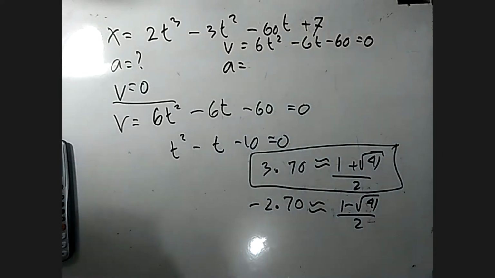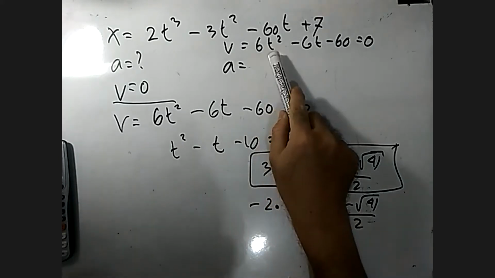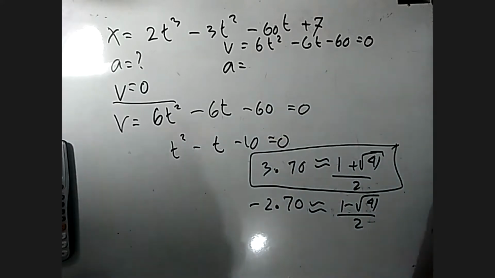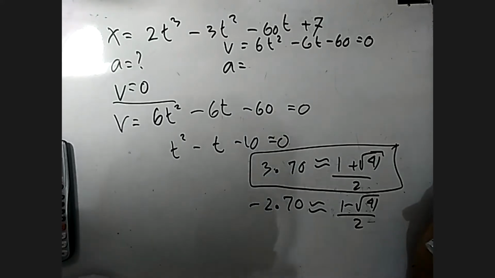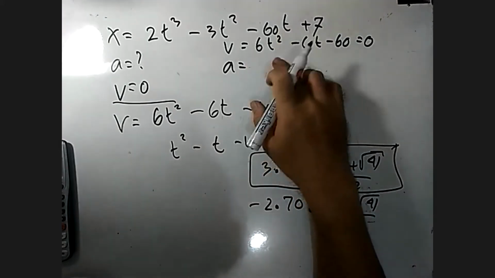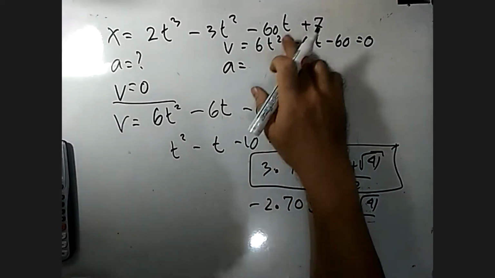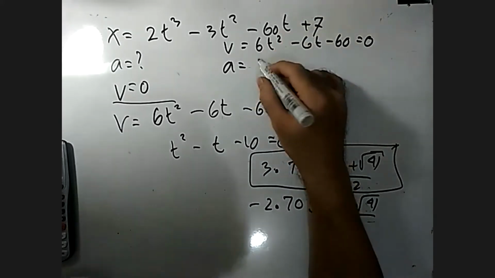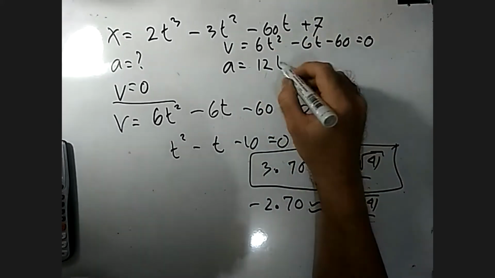6t squared. If you differentiate them, what do you get? T. Can you say it louder? 6t. No. 6 times t, 6t squared means you're going to multiply 6 with 2. So it's going to be 12t.